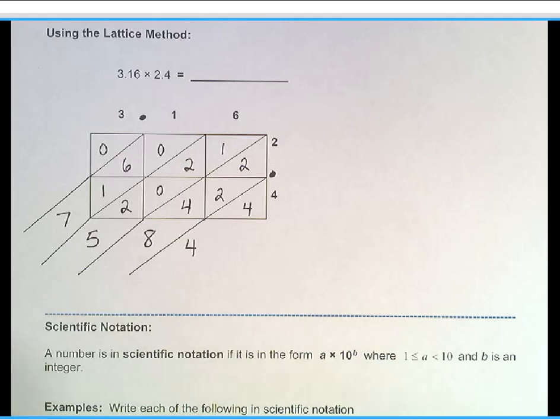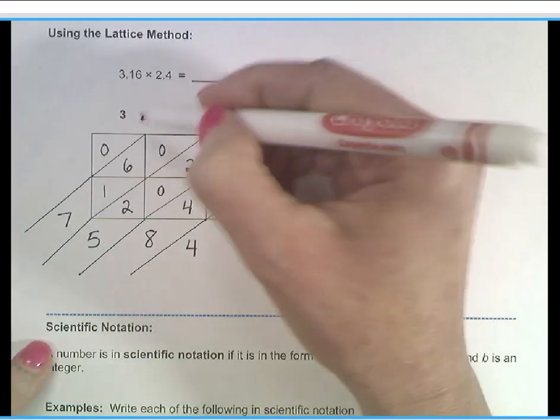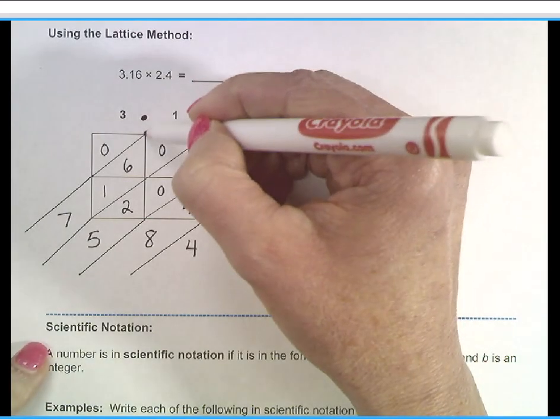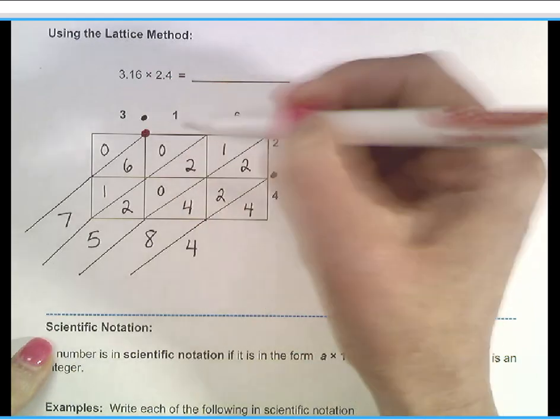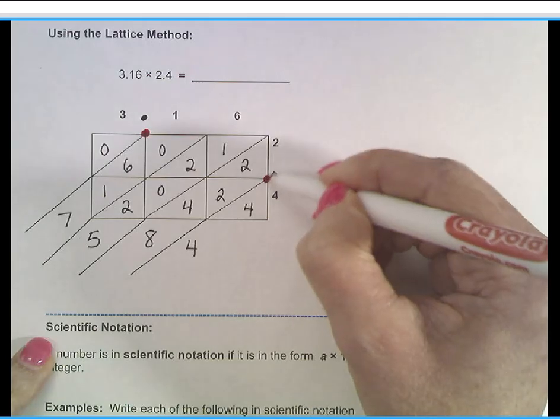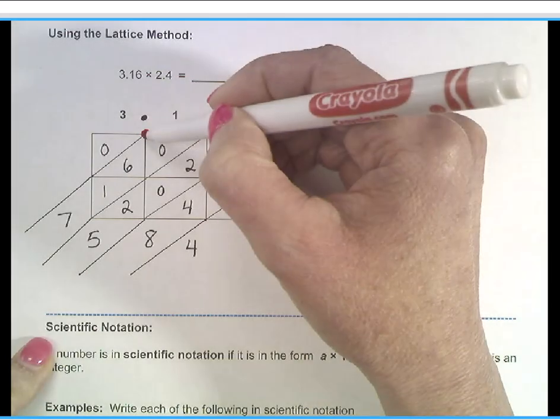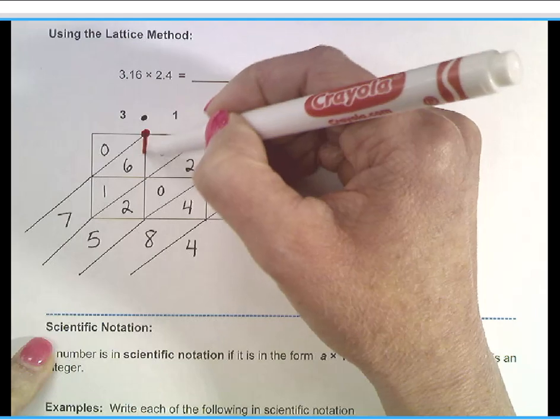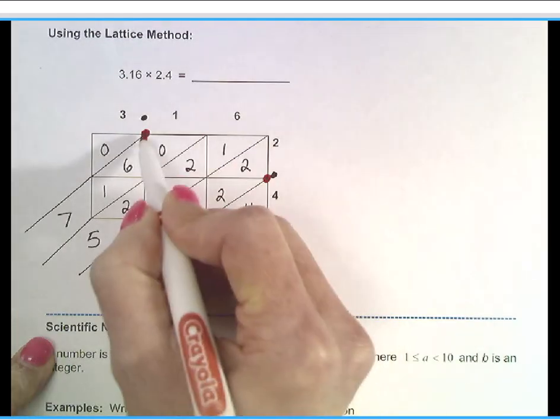The question is, where does the decimal go? And this is the coolest thing. I don't know why I like this so much. I just really like this. Here's how you do the decimals. Here's your decimal. We're going to put him right there, in between the 3 and the 1. And in between the 2 and the 4, right there, I'm going to put my decimal. The decimals are going to run until they meet up, right? So he's going to go down a block.